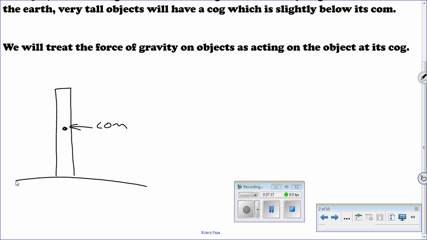So if we think about weight instead of mass, the bottom half is the heavier half, so there's more weight lower down. And so our center of gravity is slightly below the center of mass, simply because the bottom half weighs more, because it's closer to the Earth, and therefore gravity is pulling on it with more force.